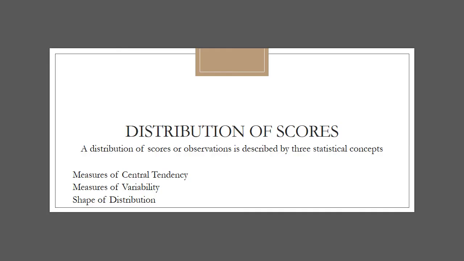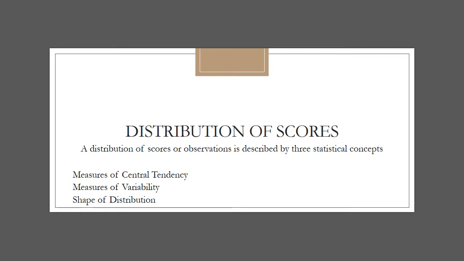So I'm going to try and move us from some of the intuitions we have around statistics to being a little bit more precise, give us some definitions, and understand that many of those descriptive statistic examples that we just went through are really about distributions of scores. A distribution of scores or observations is described by three statistical concepts.